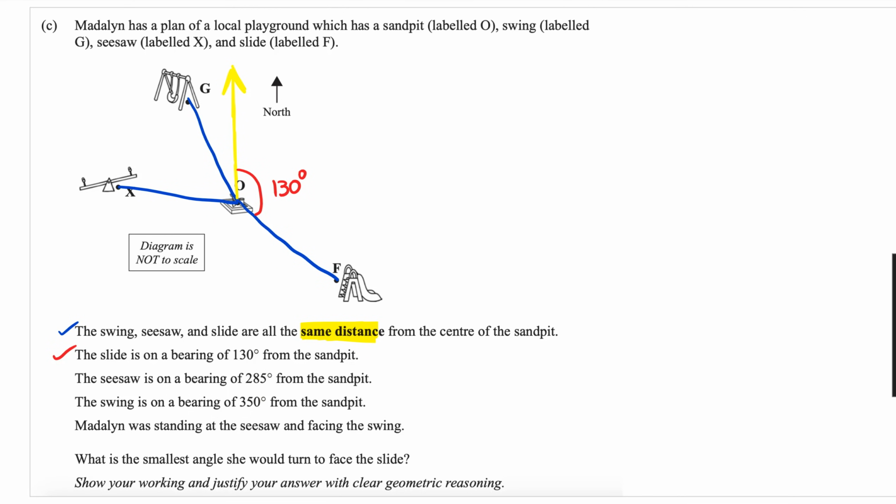Next is the seesaw is on a bearing of 285 from the sandpit. So that means I need a different color. Let's use green. So that's going to be 285 bearing. And then we are going to have a bearing of 350 from the sandpit for the swing.